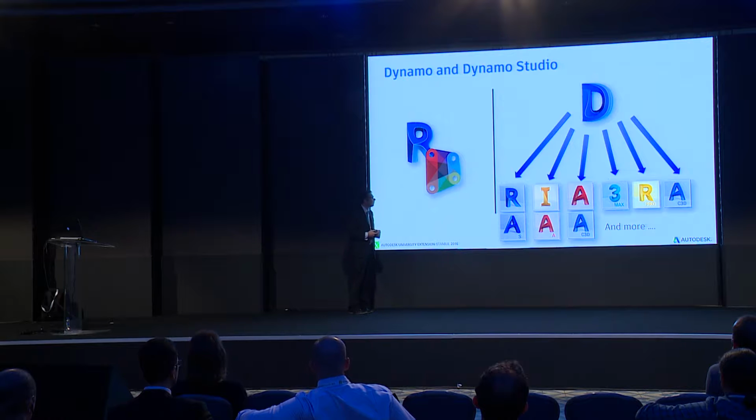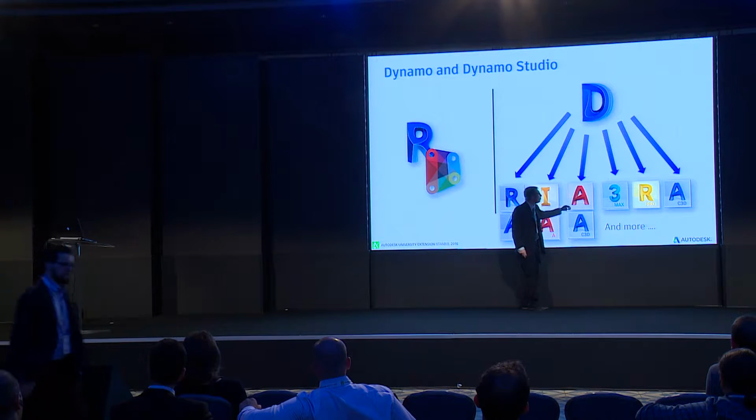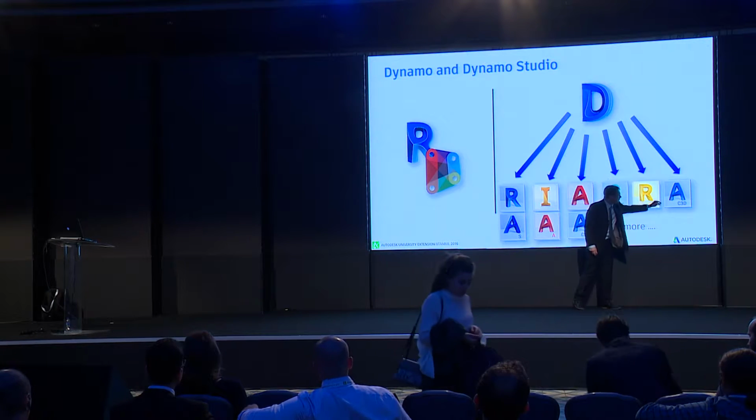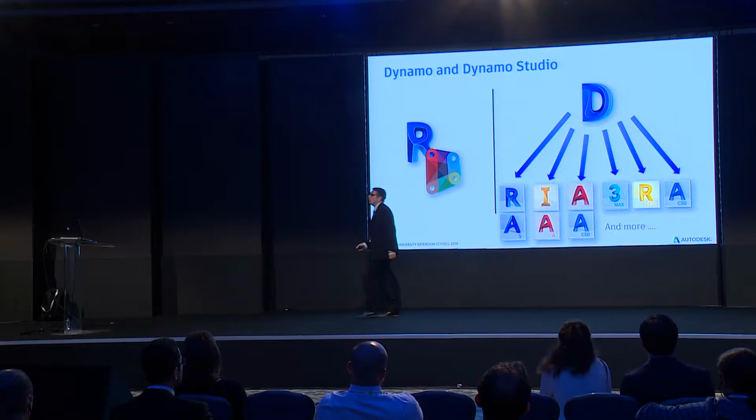It's a rented solution. And you can connect Dynamo Studio with a lot of software in the Autodesk ecosystem, like Revit, Inventor, AutoCAD, 3ds Max, Robot Structural Analysis, Civil 3D, and others.